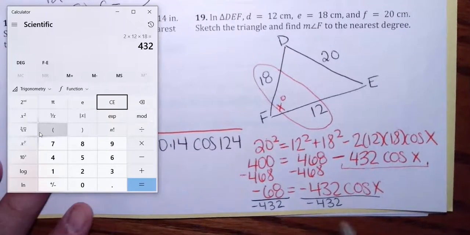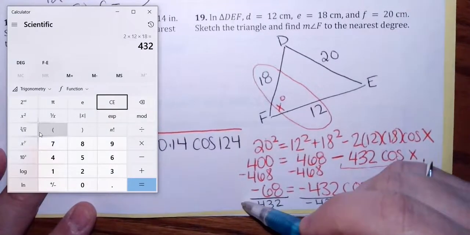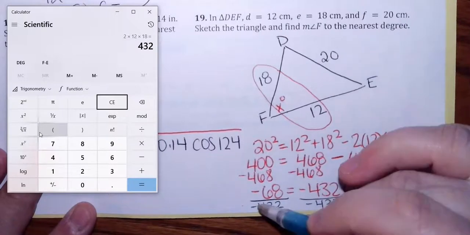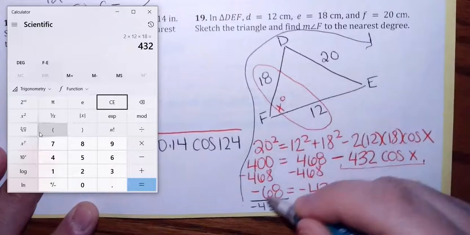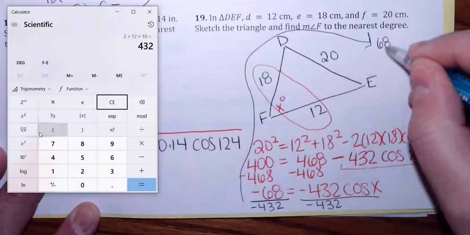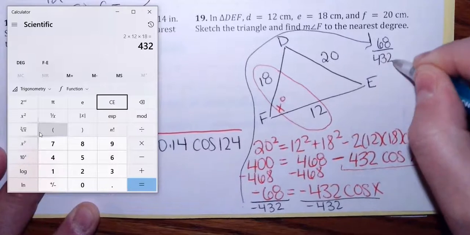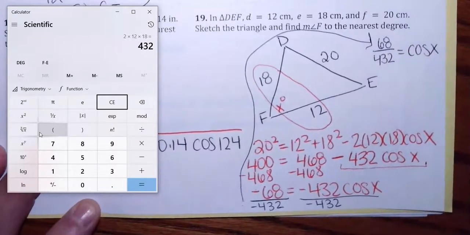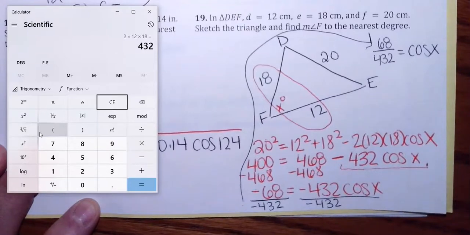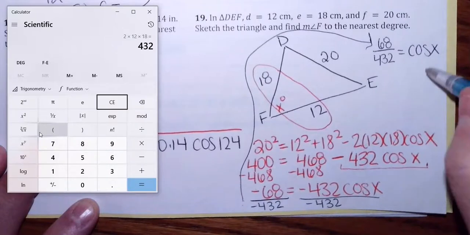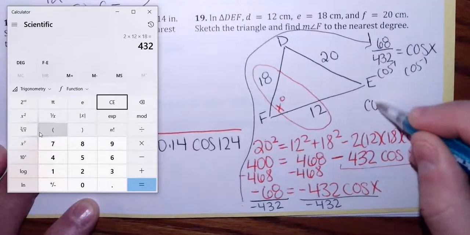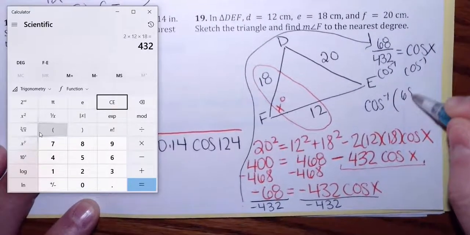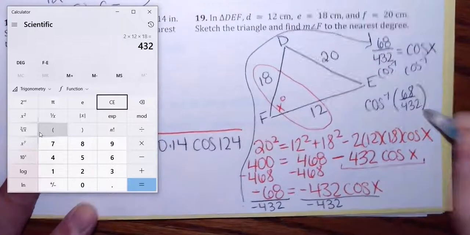So negative divided by negative gives me 68 over 432 equals cosine of x. Now, this can be reduced, but you don't have to do that. What I do need to do is cancel out the cosine by doing an inverse cosine. So to get my answer here, it's going to be inverse cosine of 68 over 432, and that will give me my angle measure.